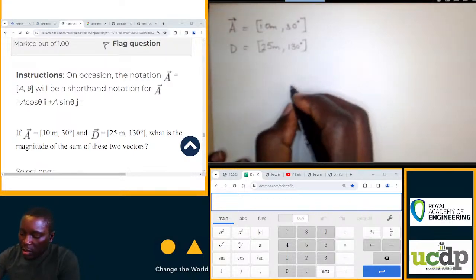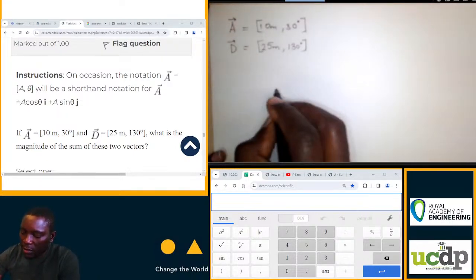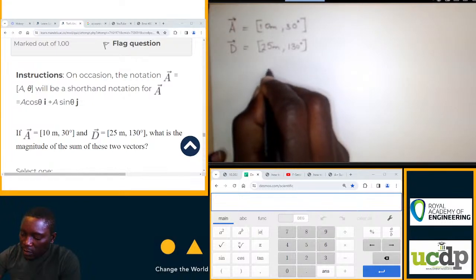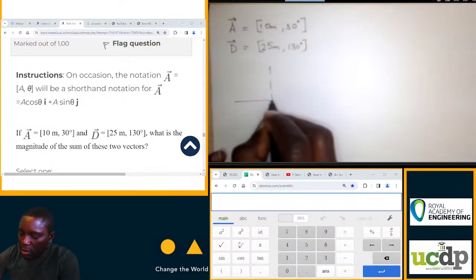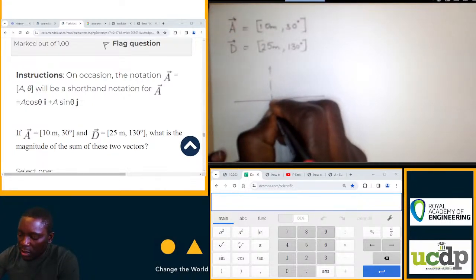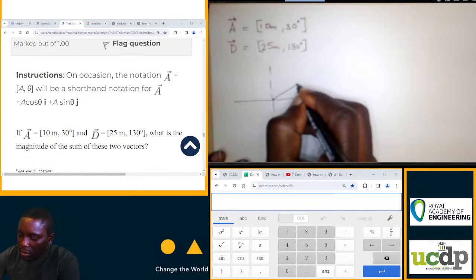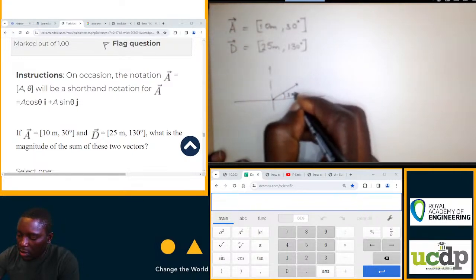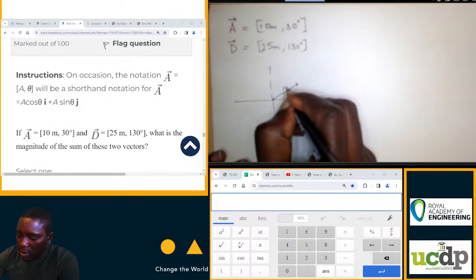If we try and draw the two vectors, let's say we have a Cartesian plane there, then vector A is 10 meters at 30 degrees. This is the 30 degrees there, and that's 10 meters.